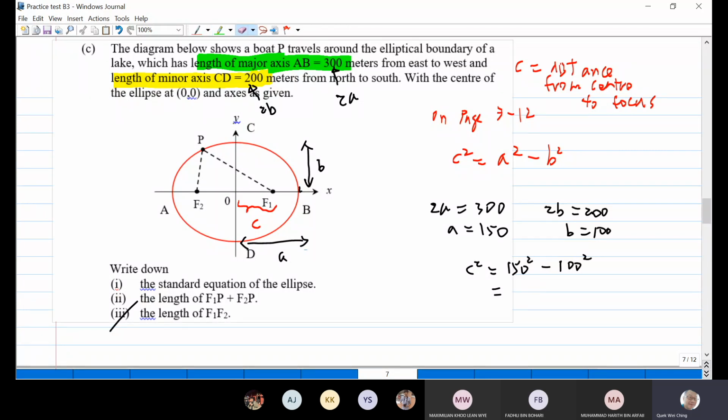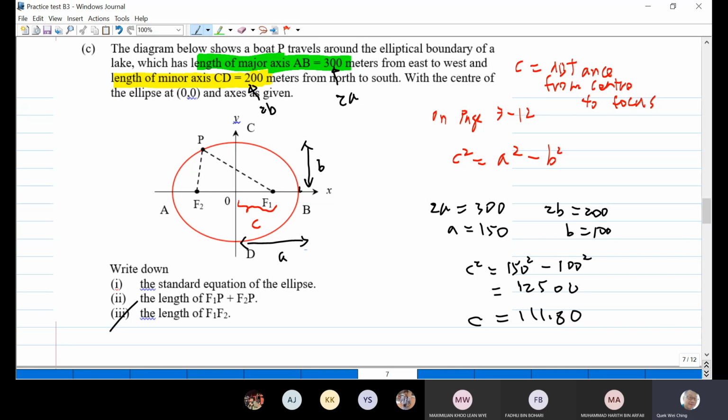Let me use the color again. 12500. So C is equal to the square root of 12500 now. So take the square root of this, and the answer is 111.8.